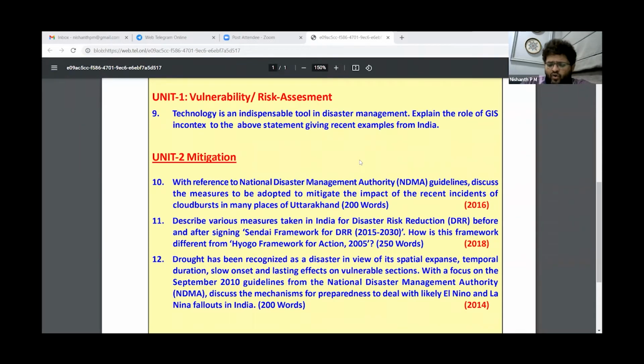We can also know the macro level and the micro level impact on these areas through the GIS. So all these are important parts of the application of GIS in disaster management. That is where technology as an indispensable tool becomes part of disaster management.